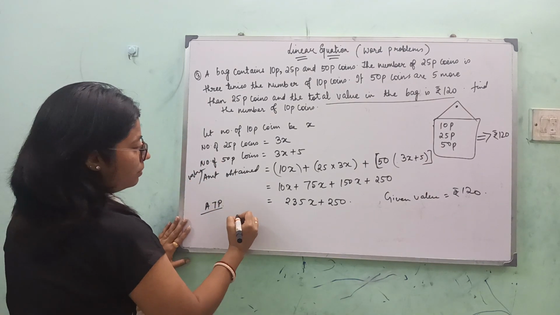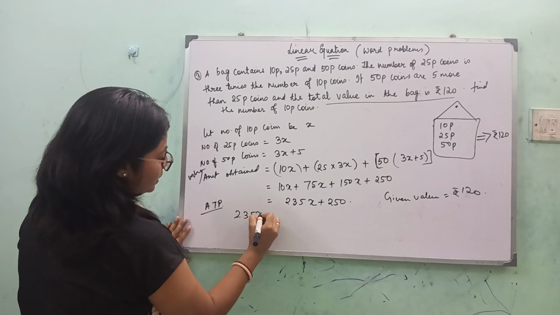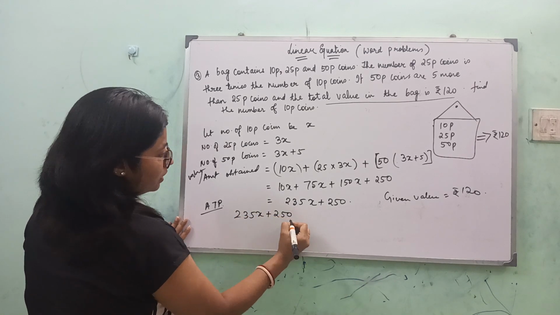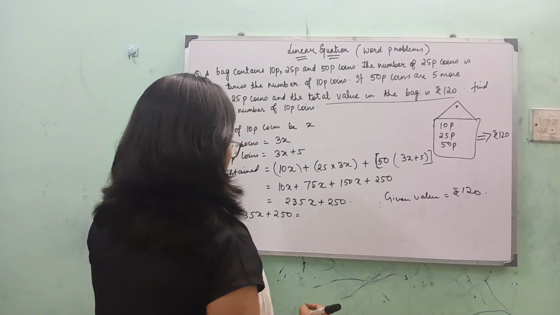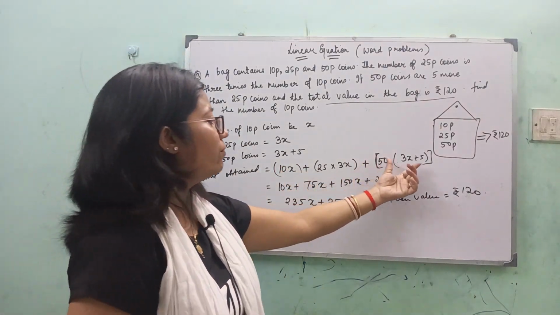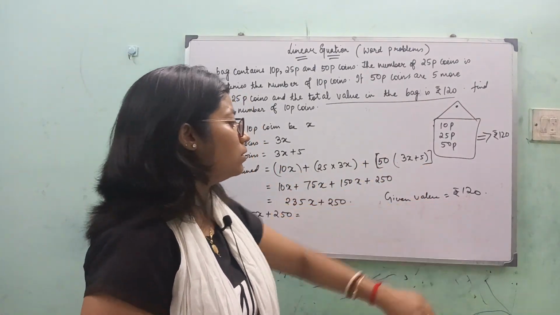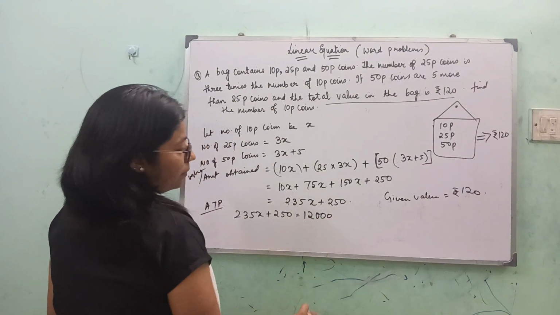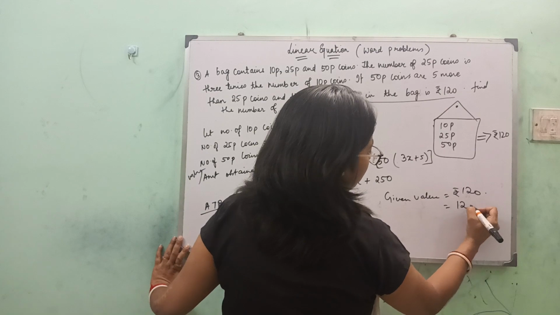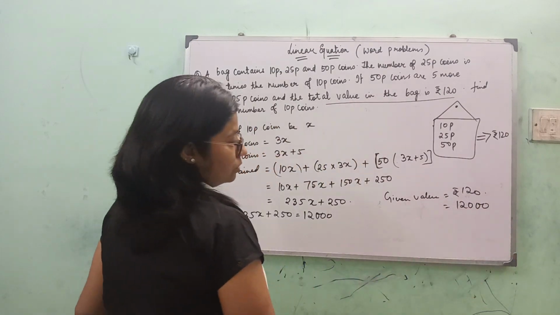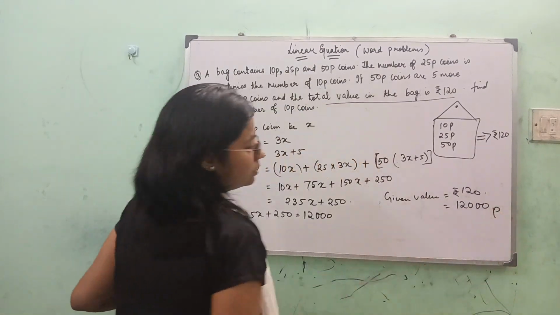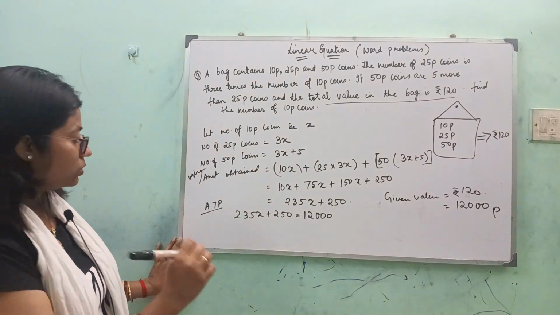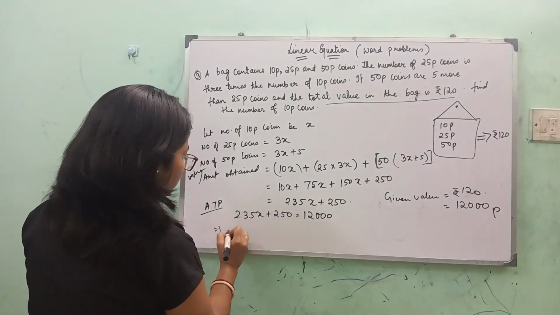So according to the problem, 235x plus 250 is equal to, now here again, everywhere on this side we have paise. So this 120 rupees will also be converted to paise. That means 12000 paise. Two more zeros are annexed over there.